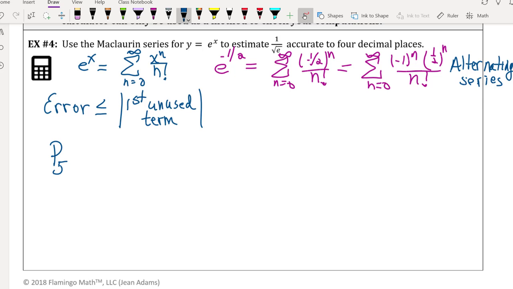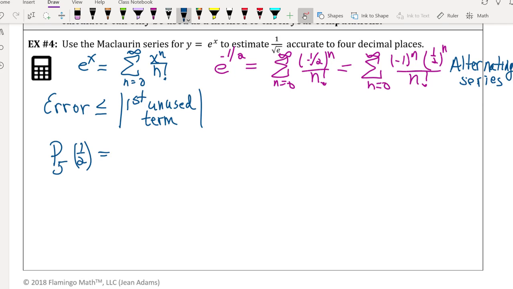So p sub 5 of x, well, we're doing it at 1/2. Let me put the 1/2 in there. Our x is 1/2.